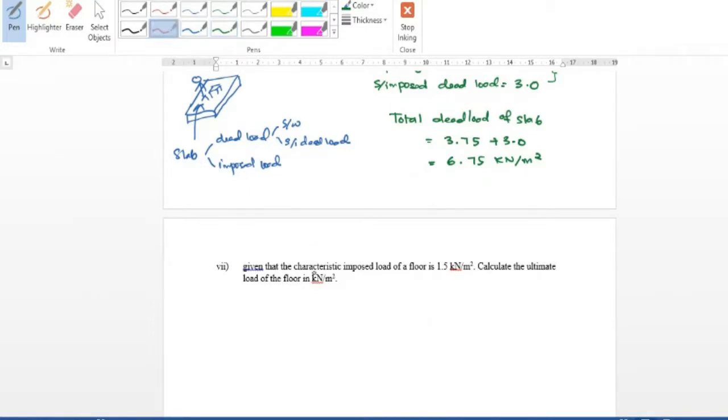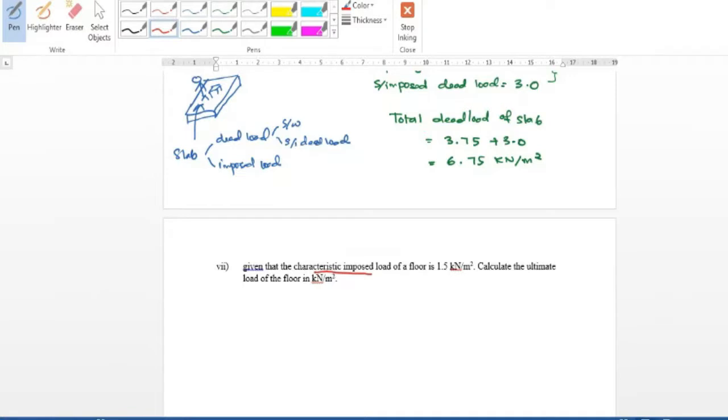Characteristic imposed load. Characteristic is beban karakteristik, beban ciri, beban ciri hidup lah. Characteristic is the raw value, data mentah.